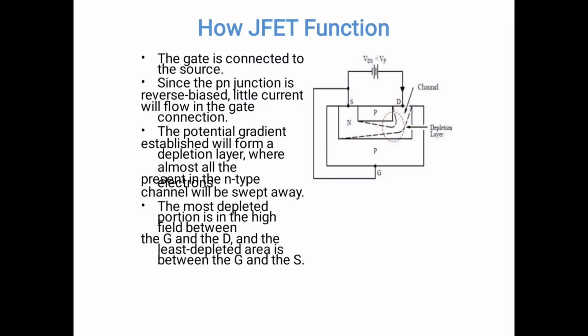In the transistor, the gate to source PN junction is reverse biased so no current flows through the gate connection. The potential establishes a depletion layer, where almost all of the n type channel will have the highest field difference to the ground, between the area of the gate and the source channel.